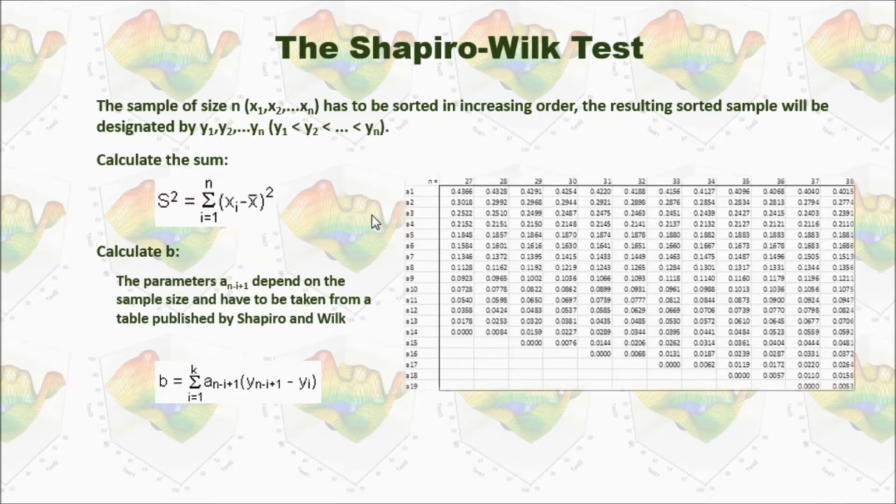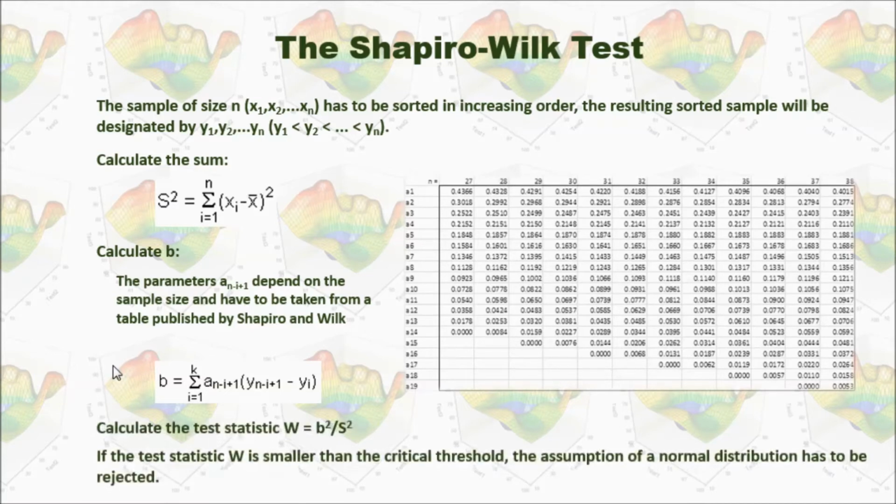So basically we calculate this Shapiro-Wilk table based on our theoretical distribution. So we can say the data in this table do the magic. After we calculate B, we can calculate the test statistic W equal to B squared divided by S squared.